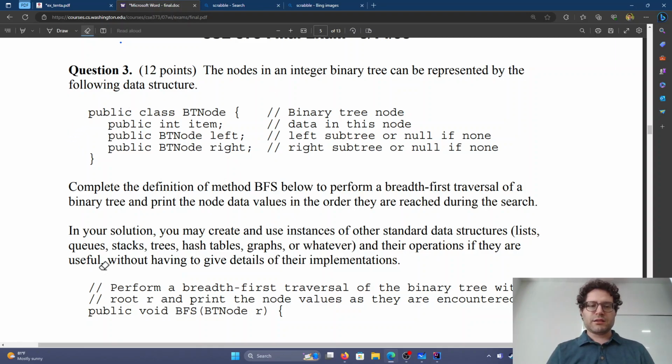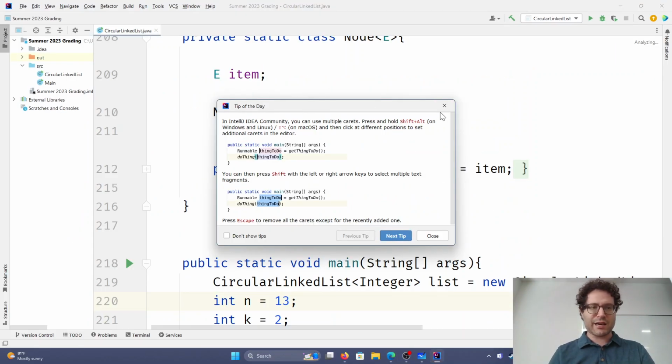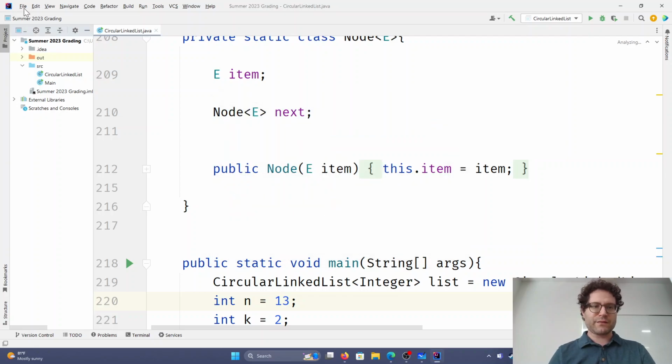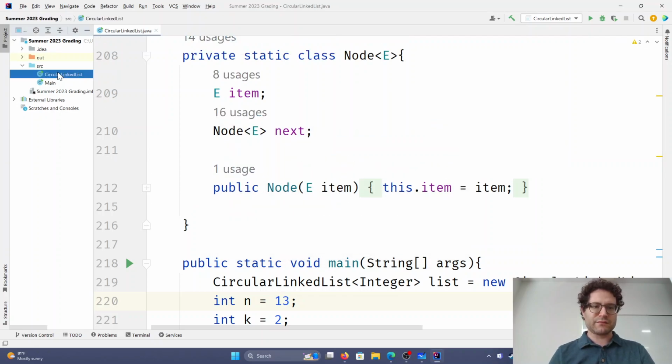So complete the definition of the breadth first search below to form a breadth first traversal of a binary tree and print the node data values in the order there. So it says, given a tree, do breadth first search on it. This is also known as level order traversal, and it's actually a lot easier than it looks.